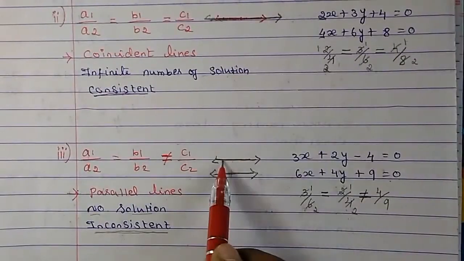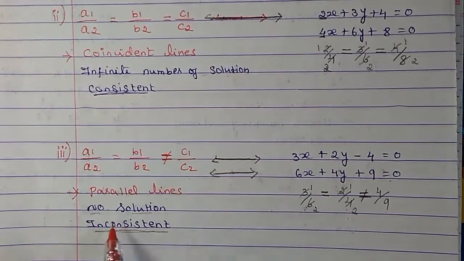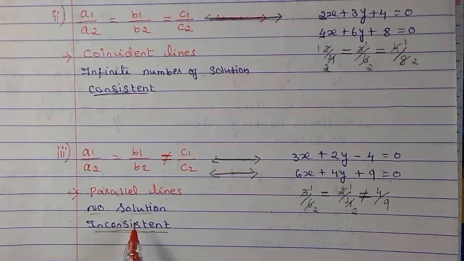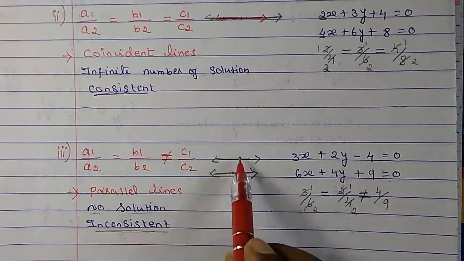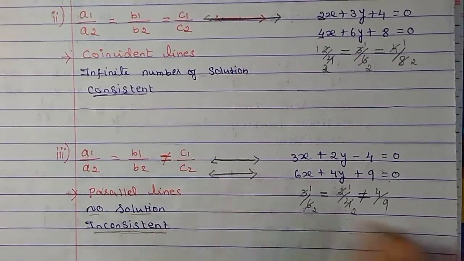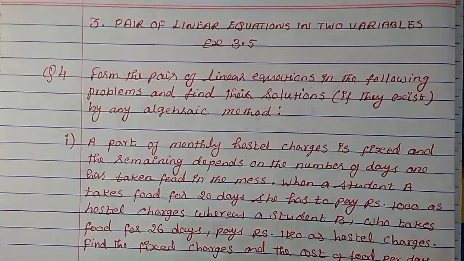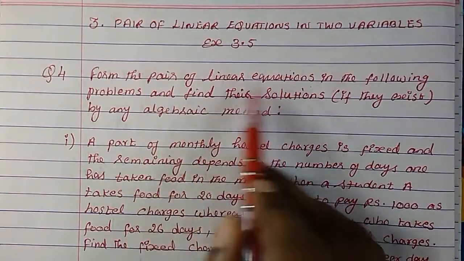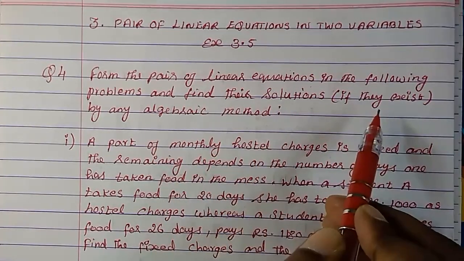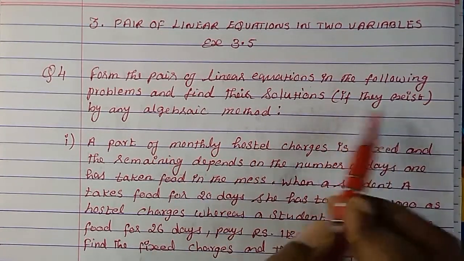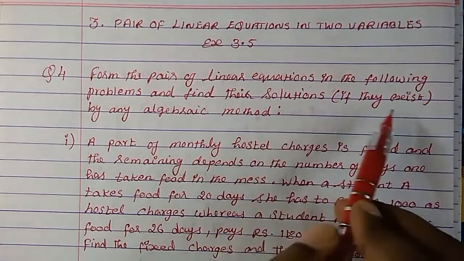And if the graph is parallel, then we will have no solution. So that is the meaning of it. If the ratio is not matching, then it will be a parallel line which will have no solution. So that is why it is said that we have to form the pair of linear equations and find their solution if they exist. If it is parallel line, then we don't need to find the solutions.